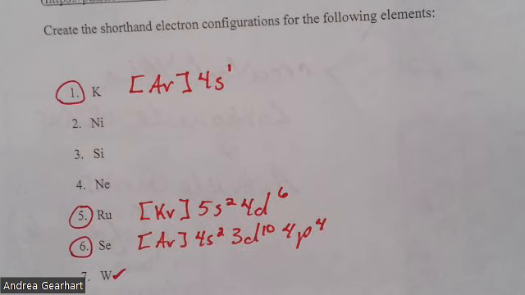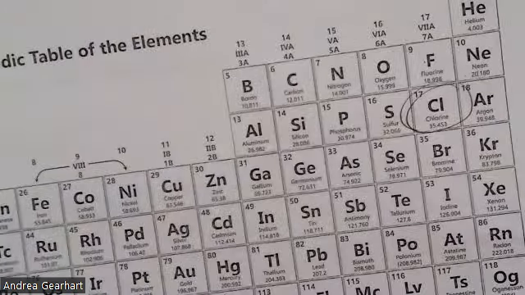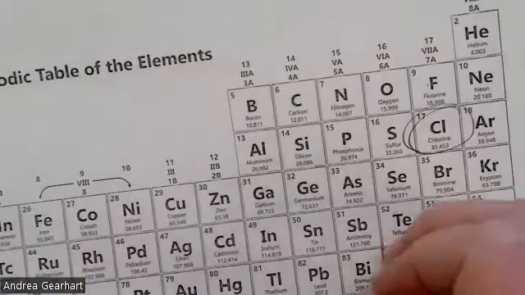If you put them in brackets, that means all the configuration. So that stands for the big long written out. So you look at where your element is that you're trying to get to.